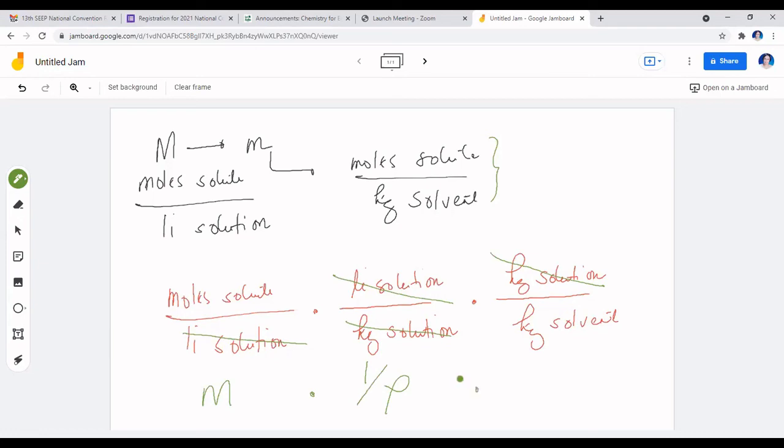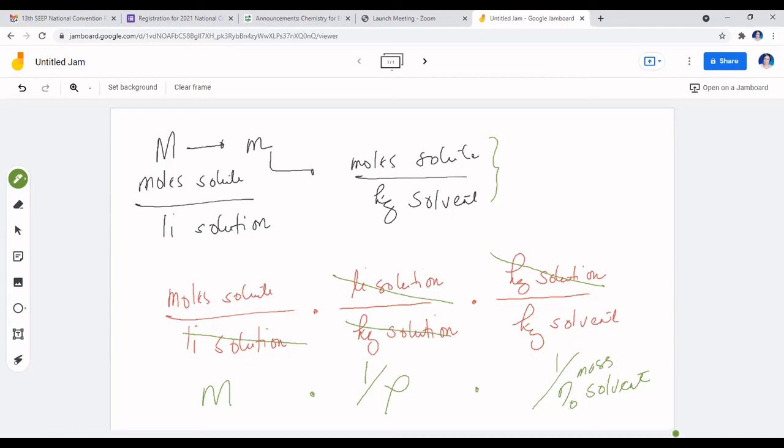This is kilogram solution per kilogram of solvent, which is what? 1 over percentage solvent, specifically percentage by mass of solvent in your solution.